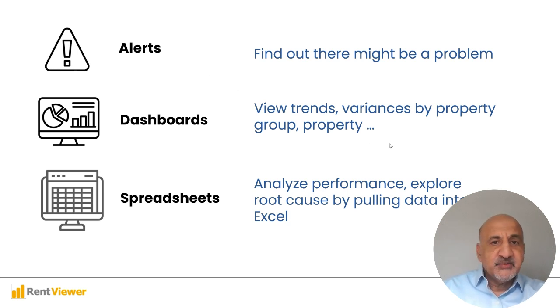Dashboards help you view your data in trends and visually see outliers and compare properties or accounts with each other. And then spreadsheets are what you probably do today when you're analyzing the performance of your assets or looking into a root cause of an issue. So all of these capabilities will be available to you.